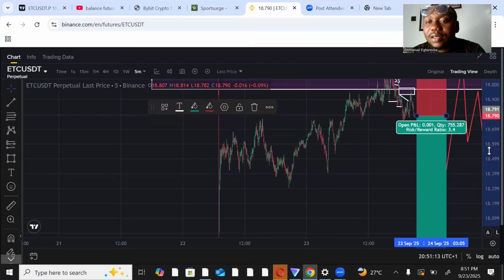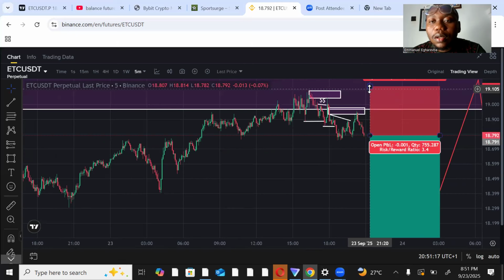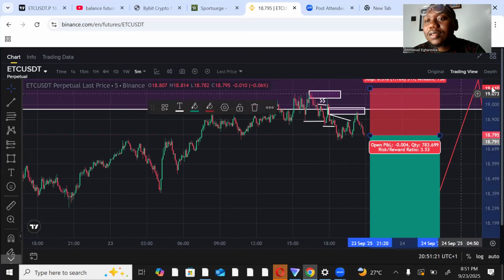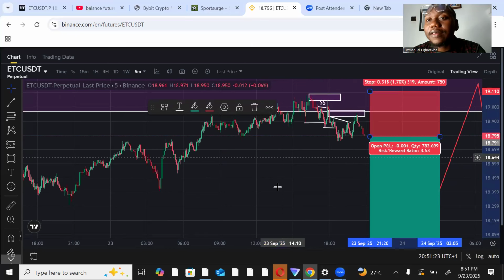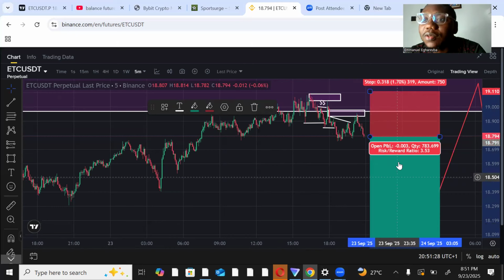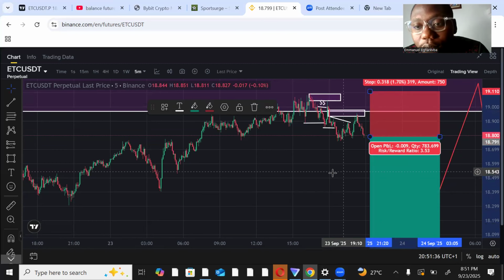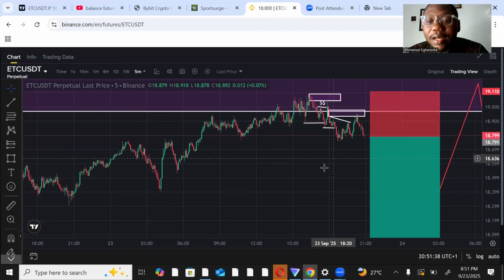So $50 on this is going to give us $150. $5 on this is 15. 200 on this is 600. 1K on this is 3K. 10K on this is 30K. 100K on this is 300K. Basically, that's just how it goes.